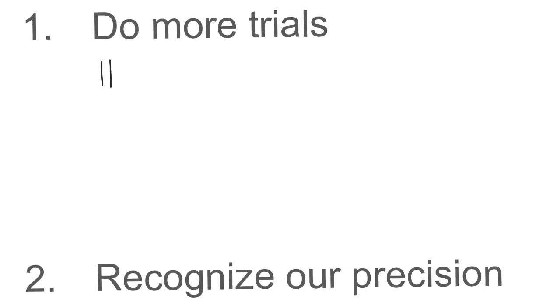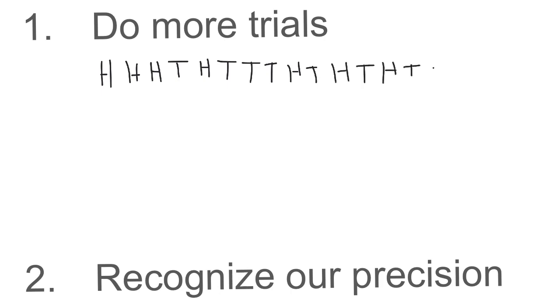Because if I flip that quarter a bunch of times, let's say I got heads, heads, and even another heads the third time, right? If I keep flipping that quarter, eventually I'm going to go on a streak where I get maybe a tails, then a heads, then a tails, then a tails, then another tails, and then maybe a heads, then a tails, and then a heads, and then a tails, and a heads, and a tails, tails.